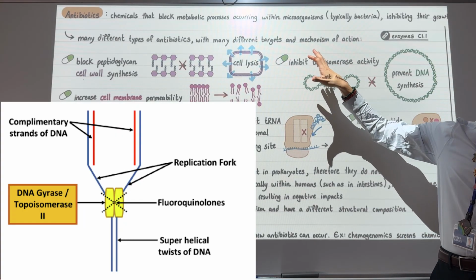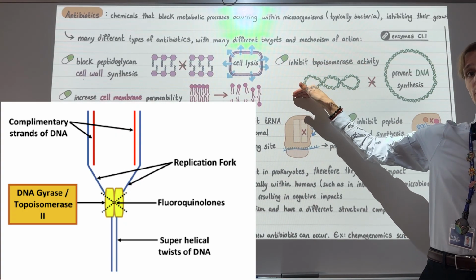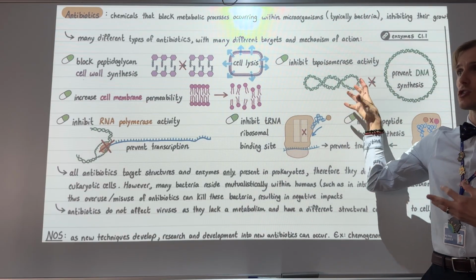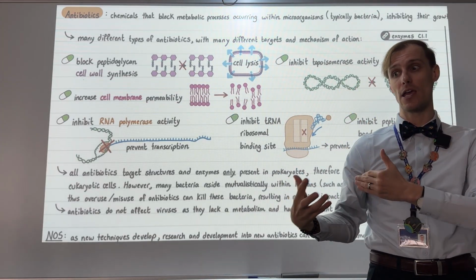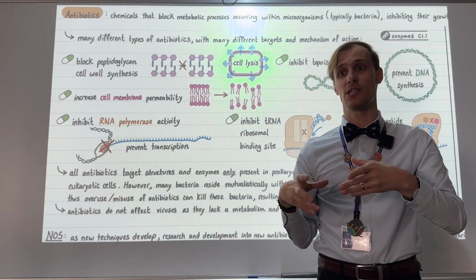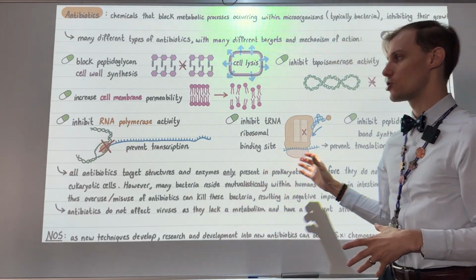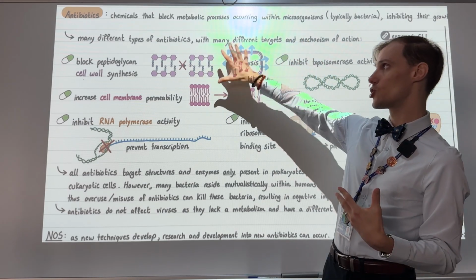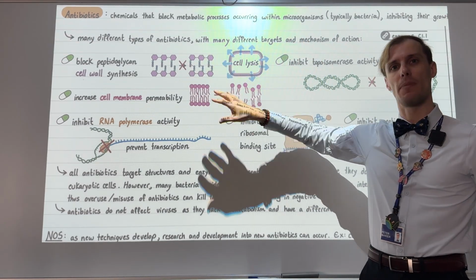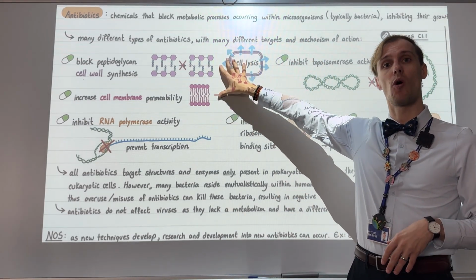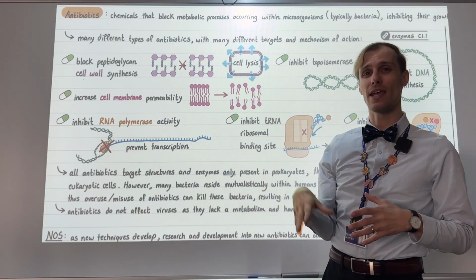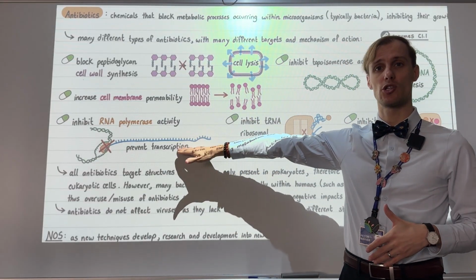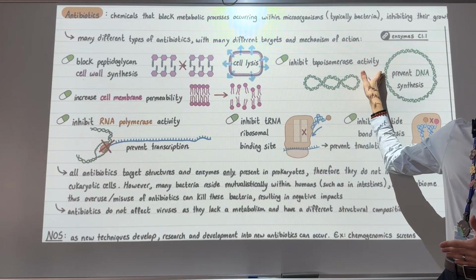So if this antibiotic prevented this enzyme from functioning, this means that DNA synthesis is no longer possible. So if you can't replicate your DNA, you can't replicate the cell, bacteria can no longer replicate. So how all of these antibiotics work is that they either directly destroy a bacteria by weakening either their cell walls or cell membranes, or they can impact a crucial aspect of their metabolism, such as transcription, translation, or DNA synthesis.